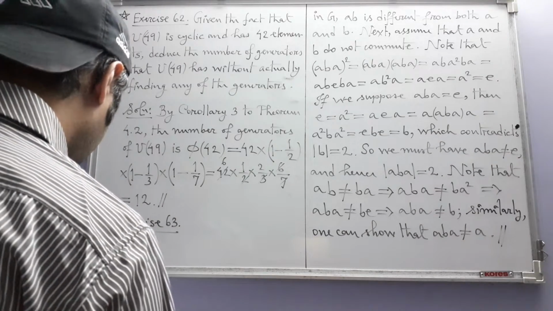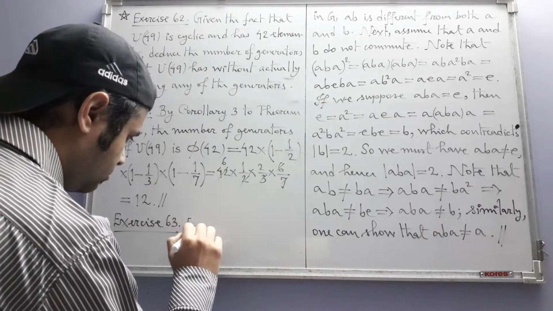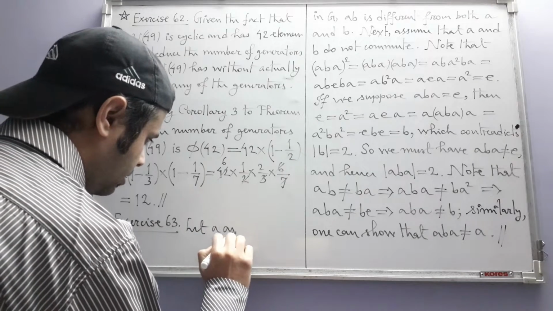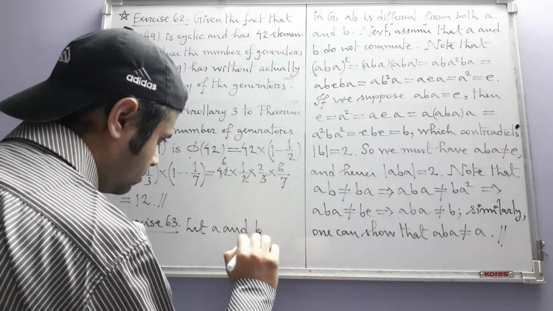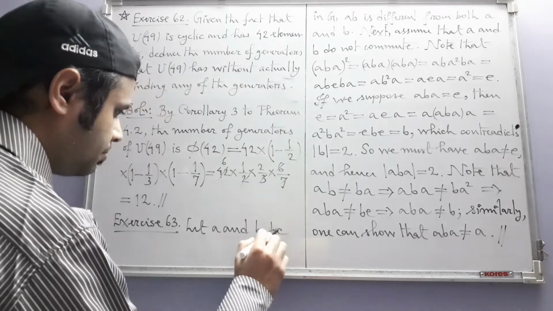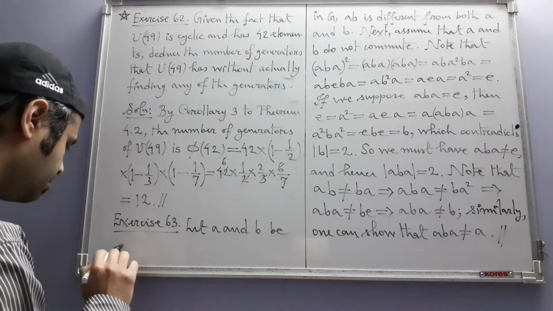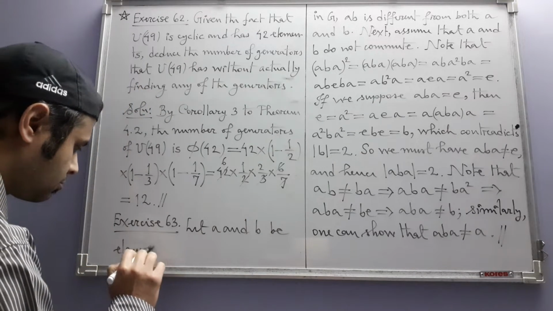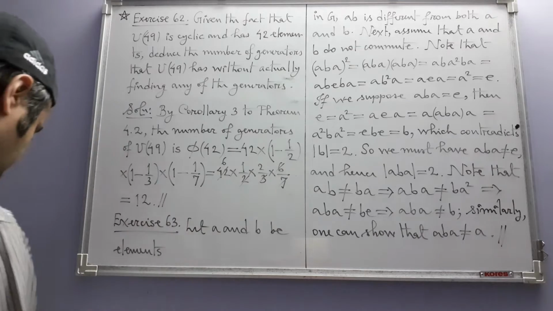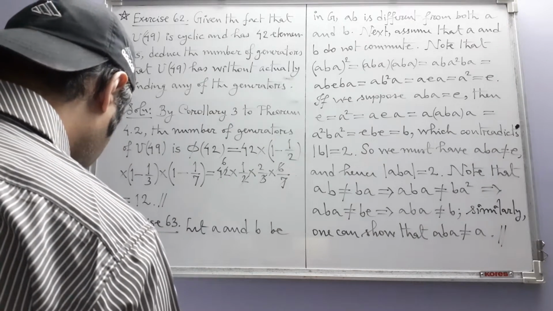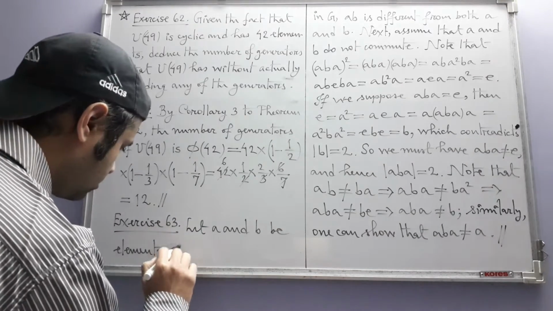(63). Let A and B be elements of a group.